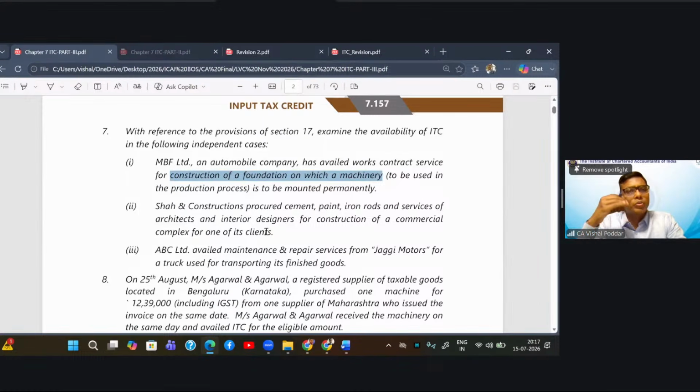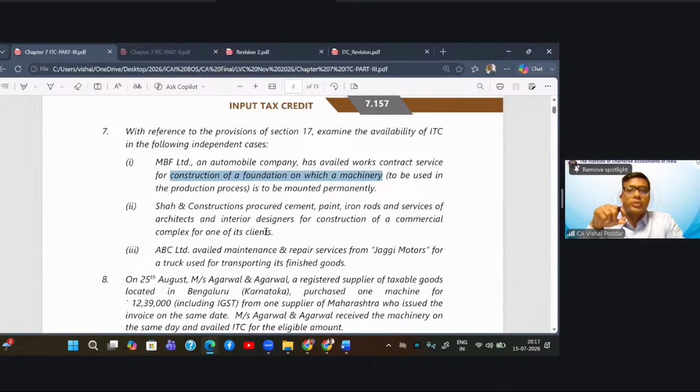So students, here you should see the definition given for plant and machinery. In that it is clearly specified that plant and machinery will mean the plant and machinery plus any structural support that is constructed for the purpose of installing or mounting the plant and machinery. Like here, the plant and machinery's foundation is made.